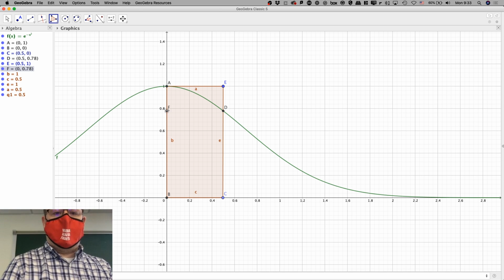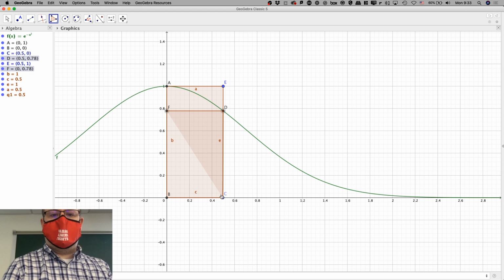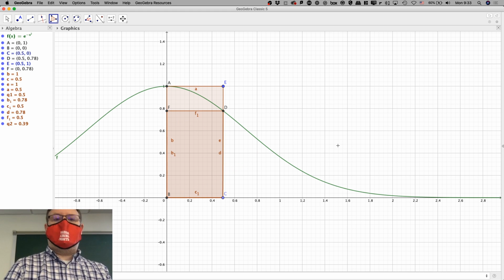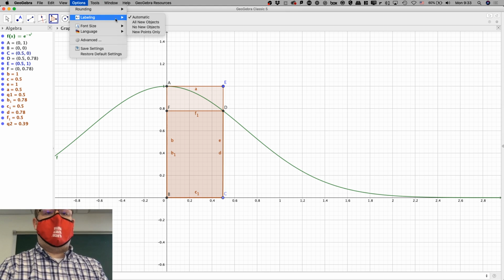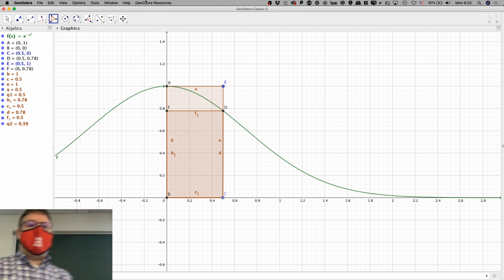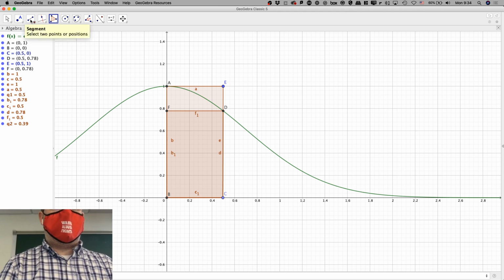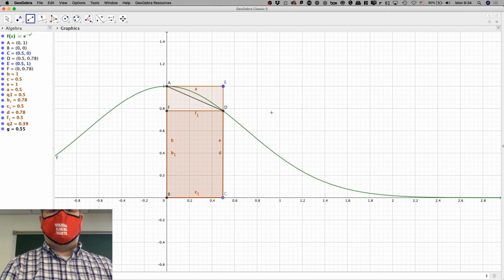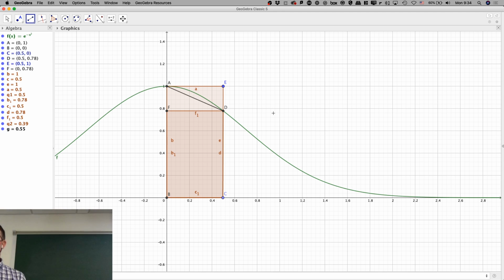Okay. And this, that's slightly darker in color, would be a right-handed rectangle. Okay, and if I average those two areas, then what I'm actually computing is the area of the trapezoid ABCD.